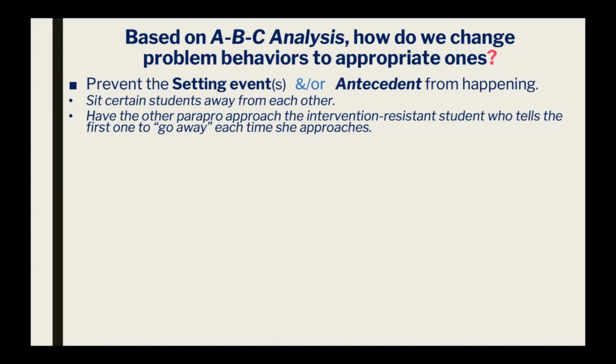So, gosh, one of the things we can do is just prevent that antecedent from ever happening. If this student is distracted by others or talking with others, well, maybe we can change the seating arrangement.